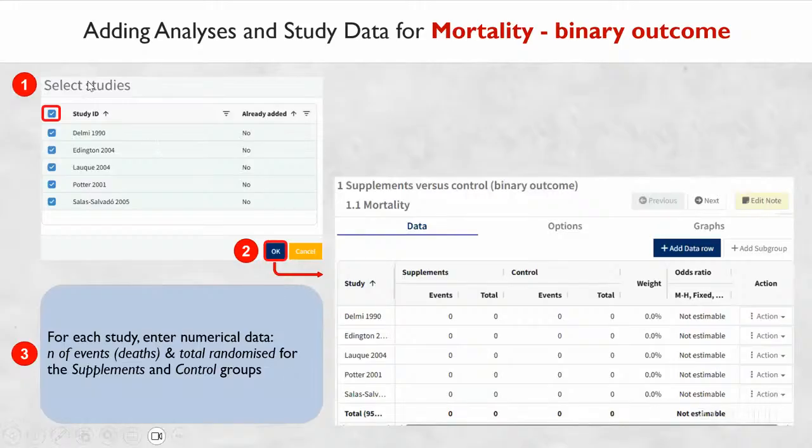The status will be shown here like this, and after pressing OK, for each study, after adding your numerical data, number of events, and the total for your studies, all of them will be shown here. Now, because we didn't write any numbers, it's just zeros, but for you it will show all of it.